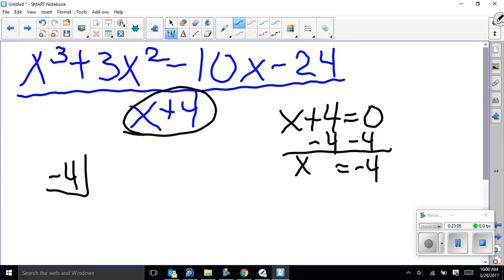Now what goes on this side, we're going to just use the coefficients in front of each term. But we need to make sure that we have all terms represented. So our highest power is x to the 3rd. So how many of those do we have? 1. Then x squared, x, and then our constant.